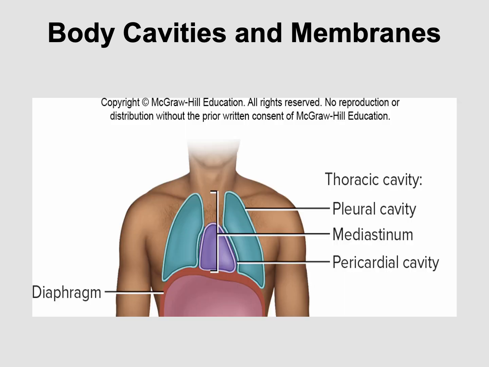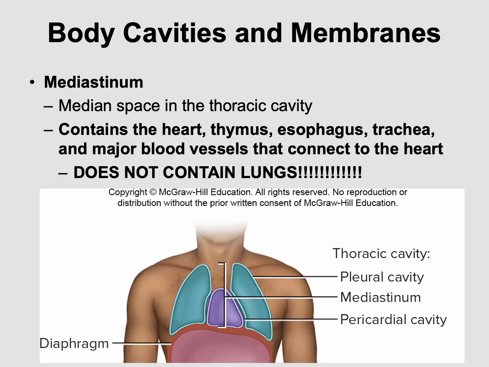Another cavity is the thoracic cavity, and it houses the pleural cavity, the mediastinum, and the pericardial cavity. The mediastinum is the median space in the thoracic cavity. It contains the heart, thymus, esophagus, trachea, and major blood vessels that connect to the heart.